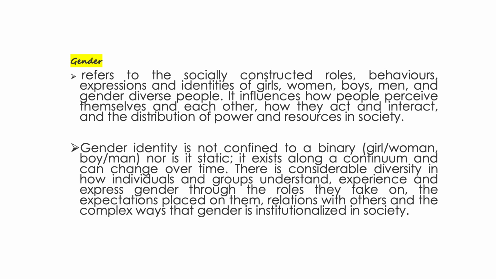There is a set of behaviors that all female individuals must follow, and so with the male individuals, and all are expected to follow these behaviors that are aligned with their biological sex.